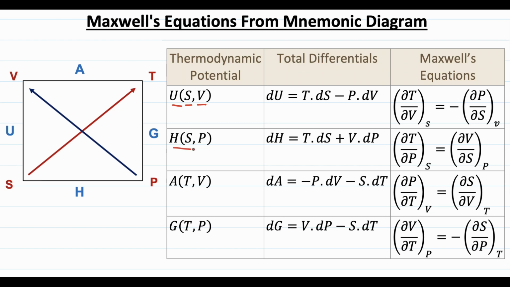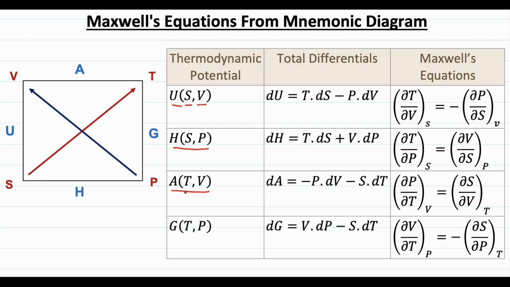Similarly, for enthalpy, whose canonical variables are entropy and pressure, the total differential is dH is equal to TdS plus VdP, and the Maxwell equation is small change in T by small variation in pressure at constant entropy is the same as small change in volume to the slight variation in entropy at constant pressure.